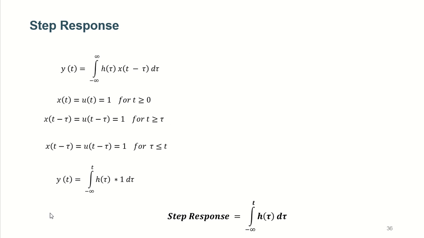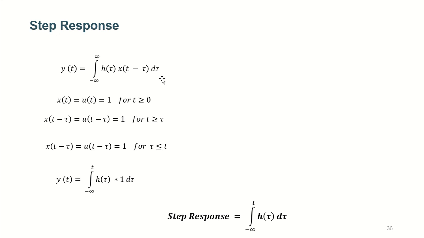Now let's move forward to the step response property. Let's try to determine the step response of an LTI system, again in terms of the impulse response, because we are considering the impulse response everywhere. So again, let's take the convolution equation: y of t is equal to the integral from minus infinity to infinity of h of tau x of t minus tau d tau.